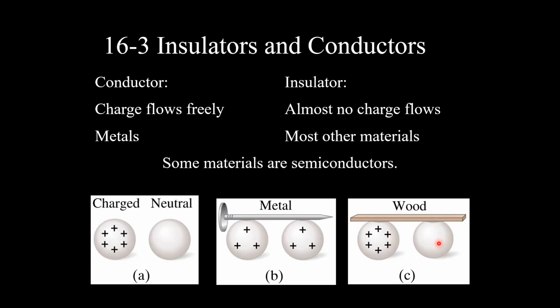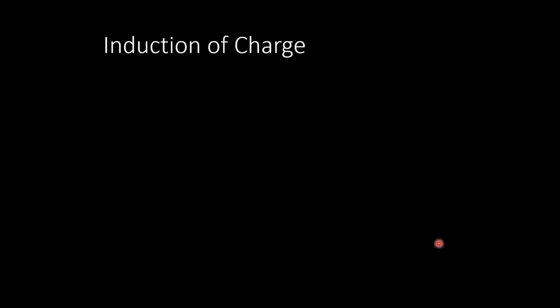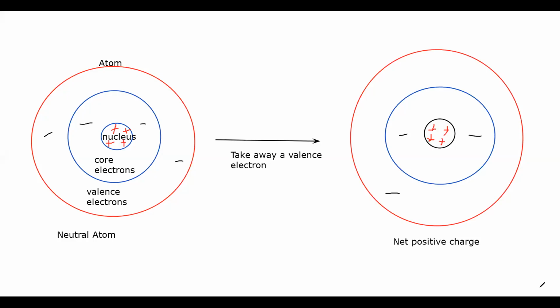Okay, let's look at a couple other scenarios here before I talk about induction. I want to look at something called polarization. So let me bring up my whiteboard here. Polarization uses this consequence of a conductor and an insulator.